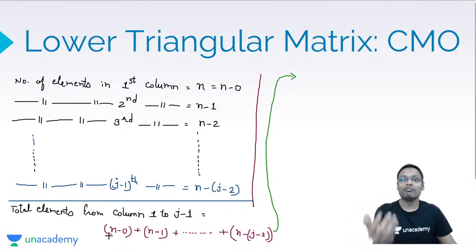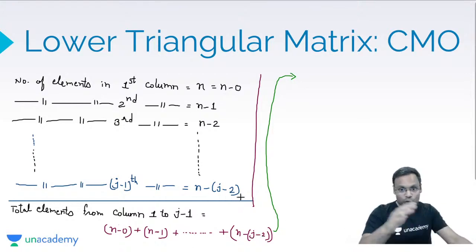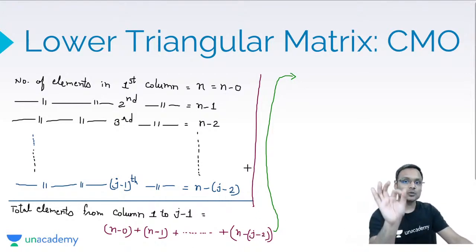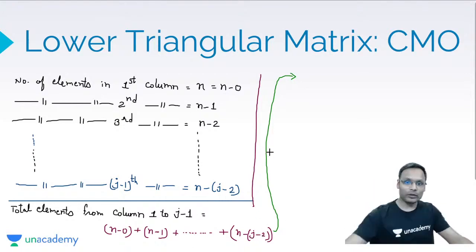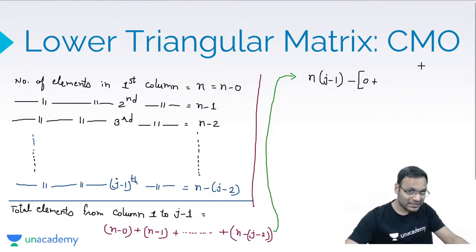How many times n we have? n minus 0, n minus 1, n minus 2 up to n minus j minus 2. I can say 0 to j minus 2, total j minus 1 times n we have. So it becomes j minus 1 times n minus this minus common. In the bracket we will be having 0 plus, why plus? Just because minus I have taken common, plus 1 plus 2 plus 3 plus 4 up to j minus 2.